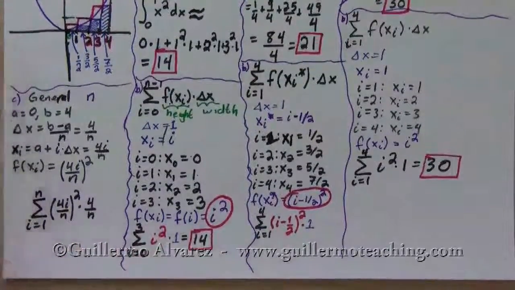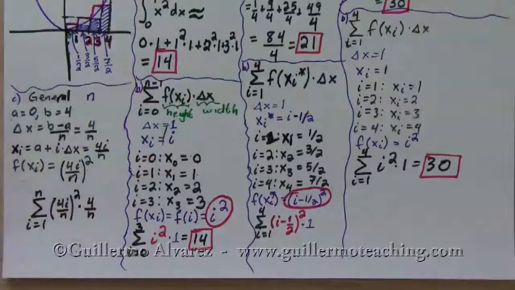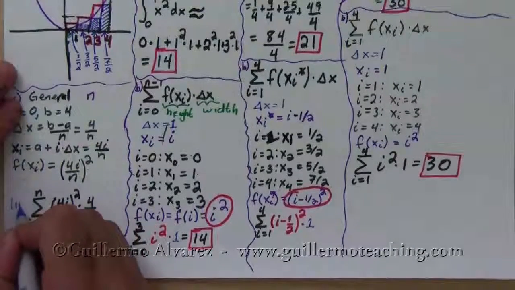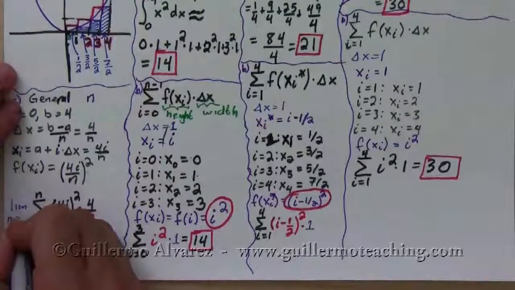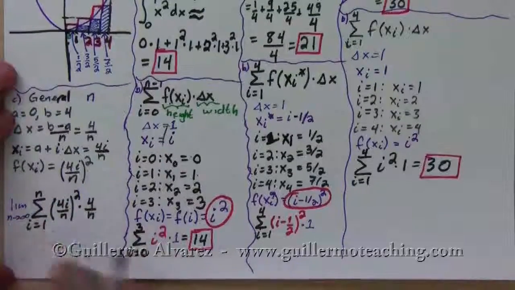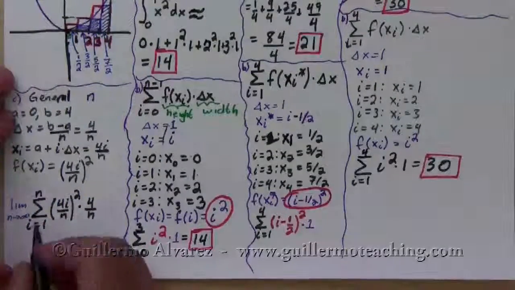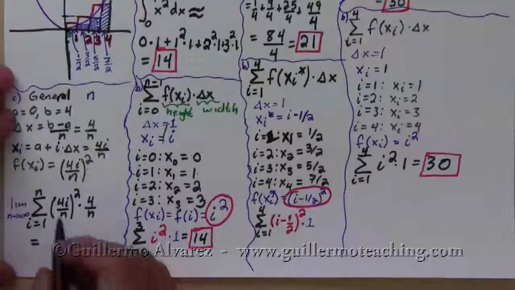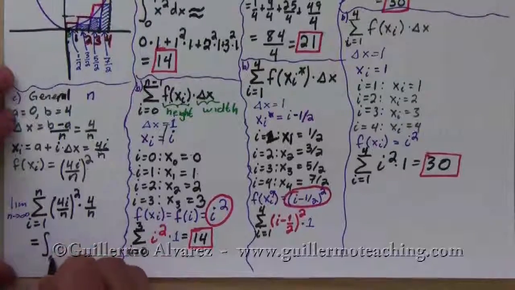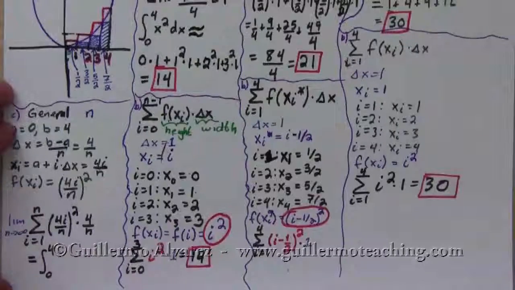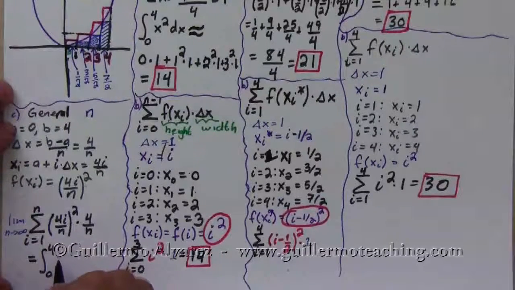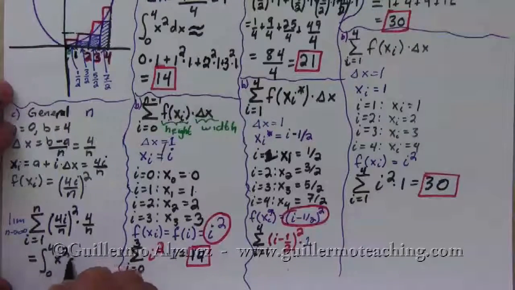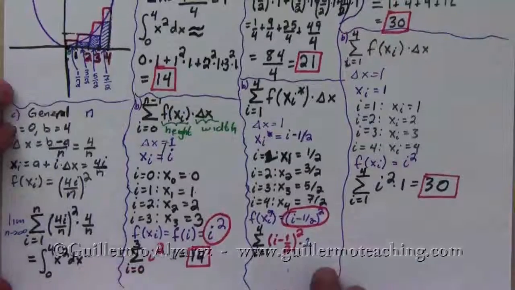And remember that the idea is that if we take the limit as n goes to infinity of this, it is going to equal the exact area underneath the curve from 0 to 4 of x squared dx.